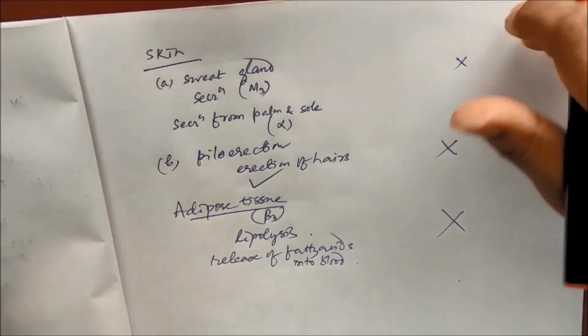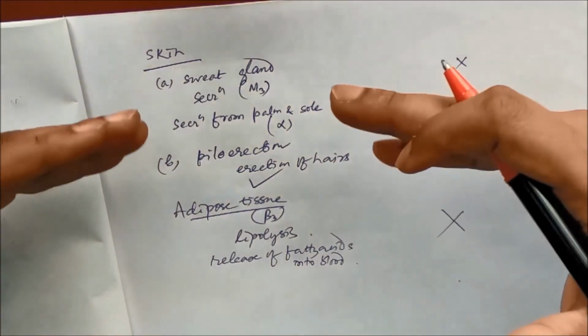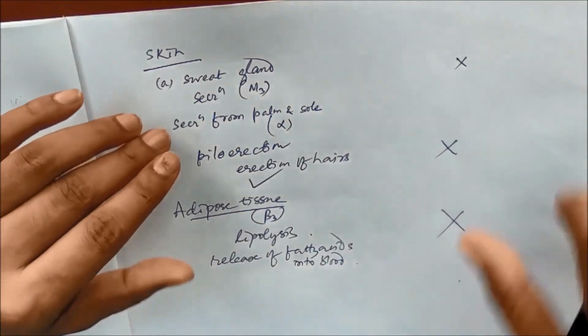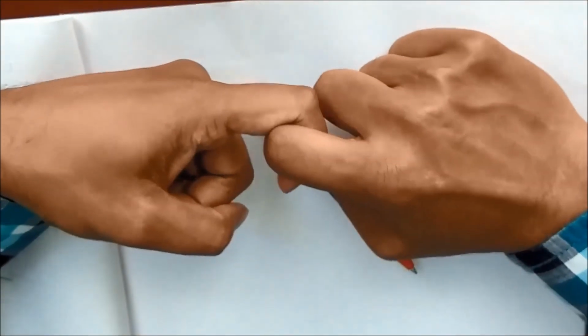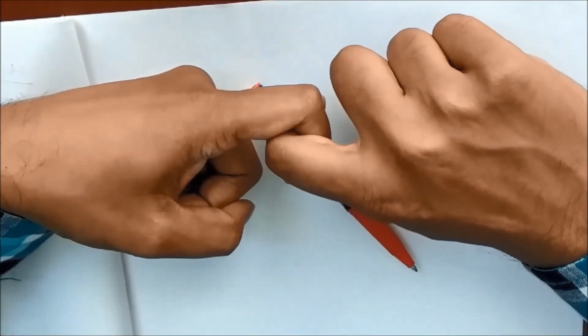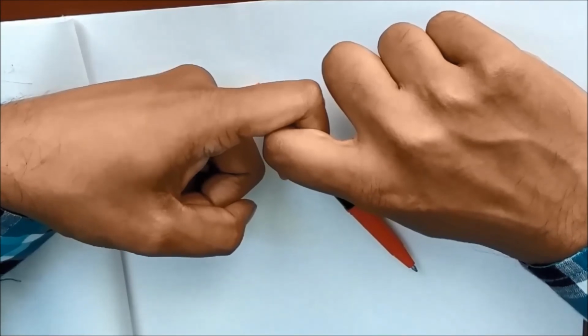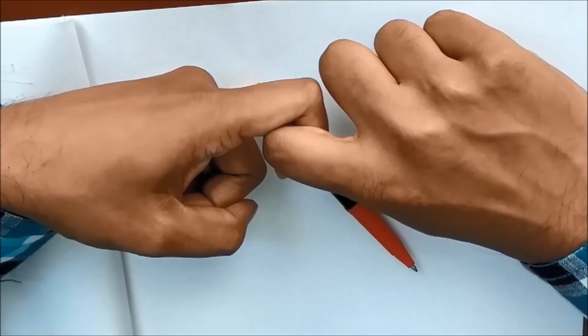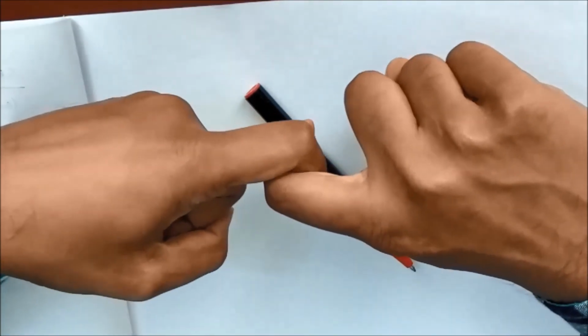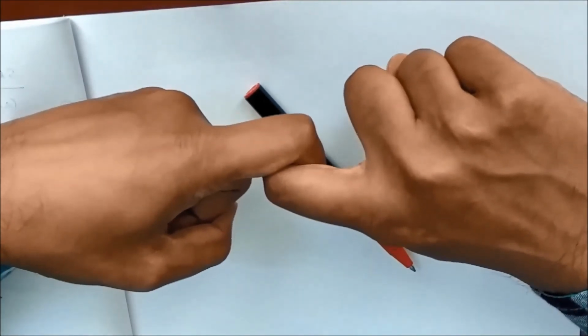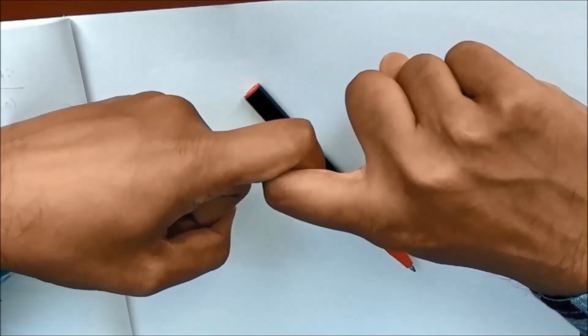Okay, and you can see that these sympathetic and parasympathetic actions just act opposite to each other. Not in all cases, because in some cases no parasympathetic innervation is there, in some cases no sympathetic innervation is there.